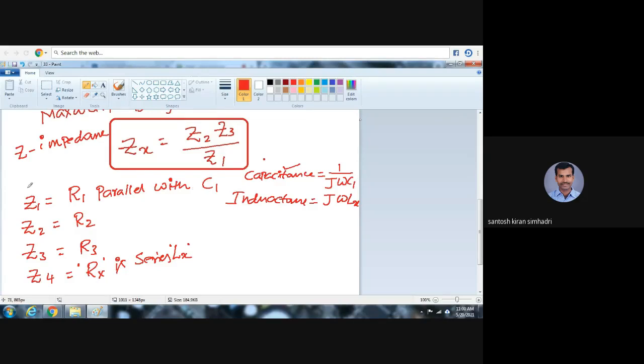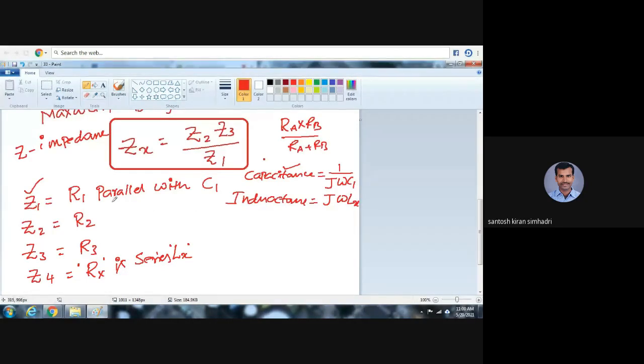So what about this R1 parallel with C1? First I will derive this Z1. Two resistors are in parallel. If any two resistors RA and RB are parallel, the result is RA into RB by RA plus RB.